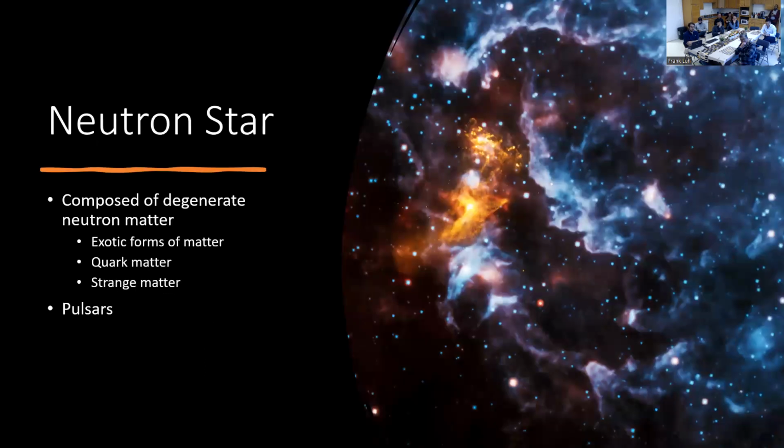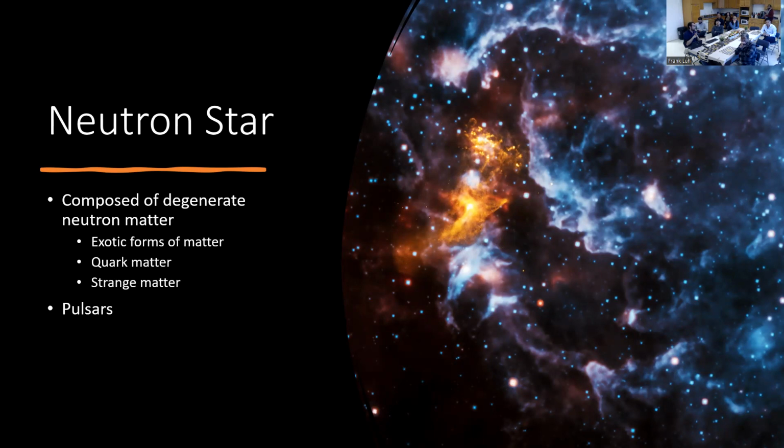Right. And then the second one is the neutron star, again composed of degenerate neutron matter. This stuff is really interesting because there's so much pressure that the electrons, so again, how electrons orbit a nucleus, right? There's so much pressure that they're not able to be in that lowest energy state.